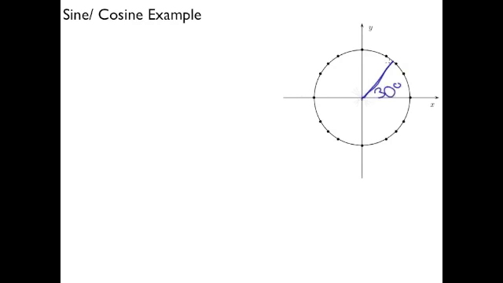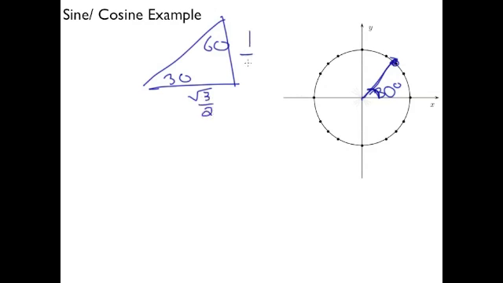So right now we're trying to find this point if the value here was 30 degrees. As you all know, it's part of a 30, 60, 90 triangle. 30, 60. What's this? Square root 3 over 2. What's this? 1/2. And this is 1.